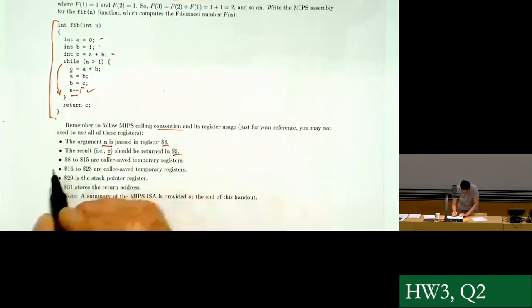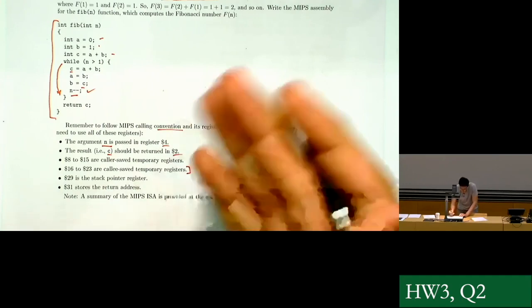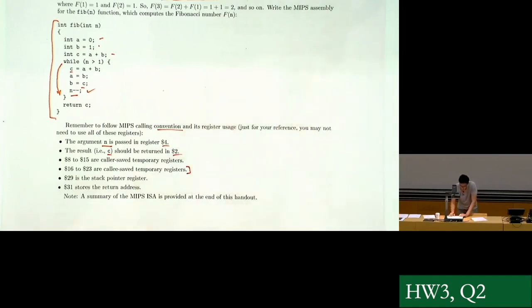Then there are also some register numbers, for example, for temporary registers. We're going to need these because, as you will see in the code, this Fibonacci computation is going to be in one function. Then we have the stack pointer.